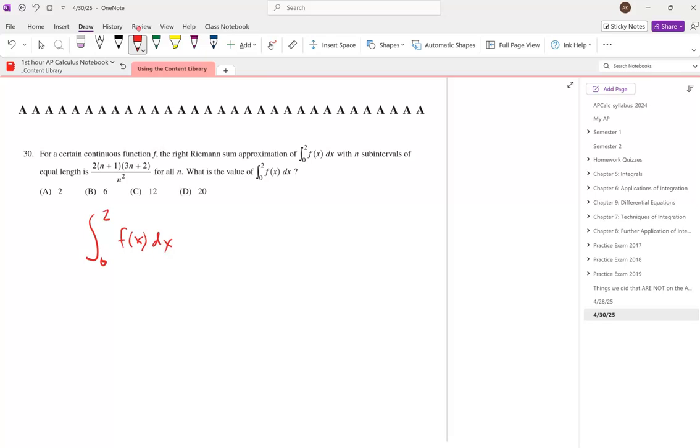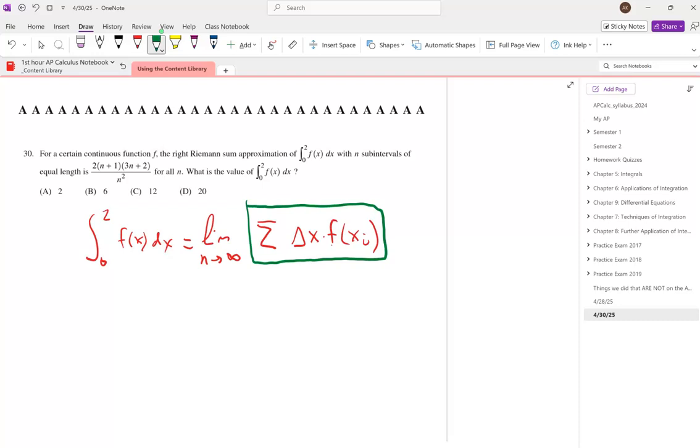So what I'm going to do is use the limit definition of an integral, which is the limit as n goes to infinity of the sum of delta x times f of xi. Okay with that? That's just the limit definition.